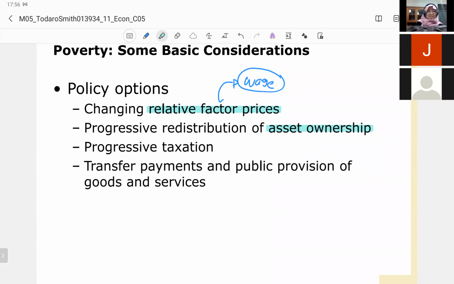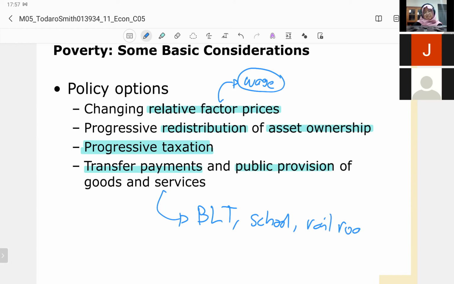So the asset ownership can be redistributed, and then progressive taxation. This also applies in Indonesia because our tax is progressive, and then transfer payment and public provision of goods and services. An example of this is when the government has BLT, and then they build schools, and then they build railroads, and other public goods.